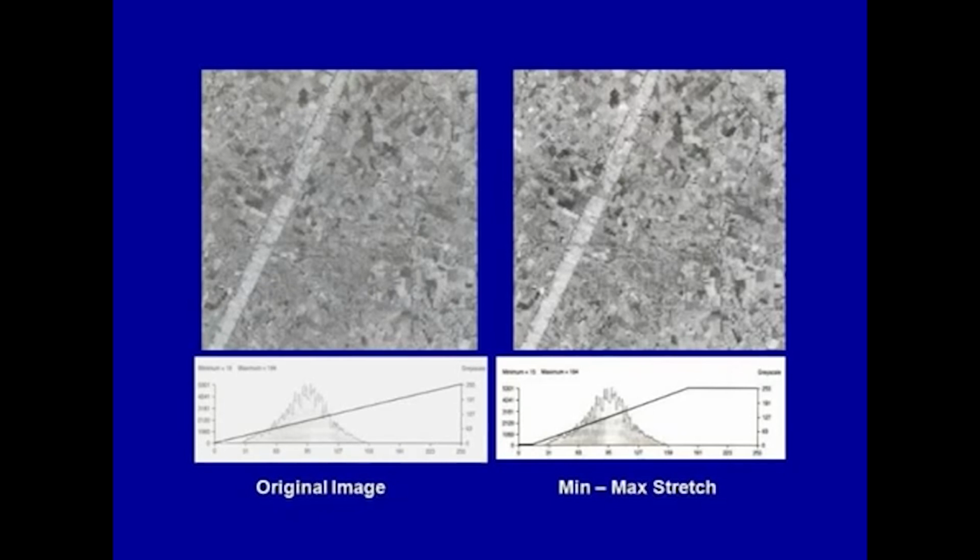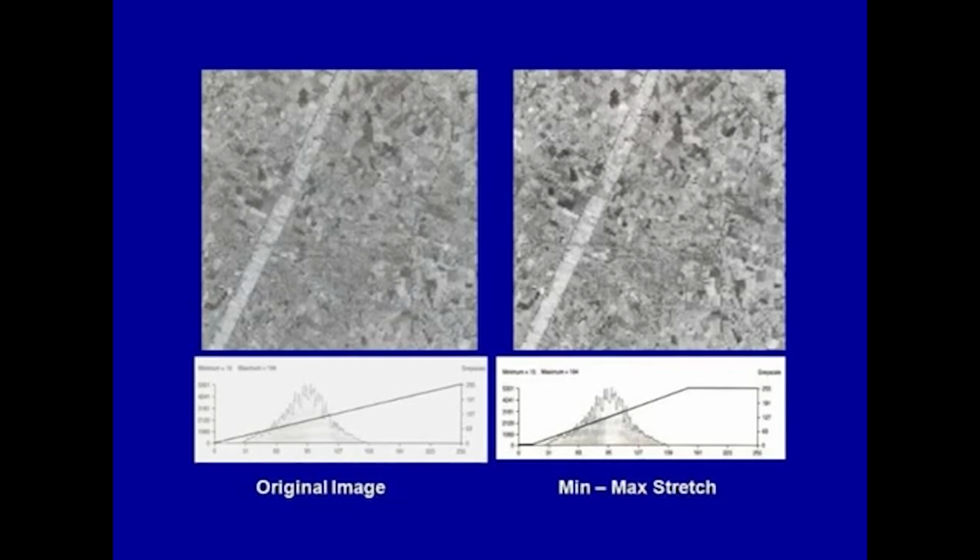By performing a min max stretch, this particular image on the right hand side has undergone a substantial change in its visual appearance, and one now can see the manner in which the various information features are lying.